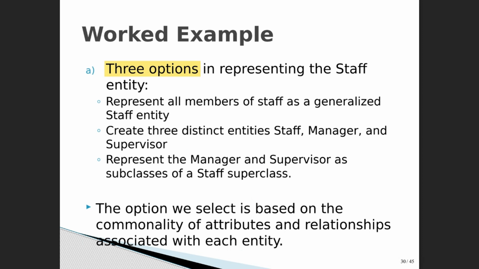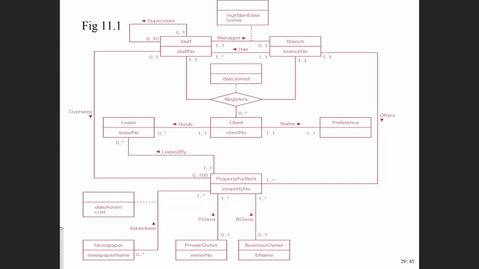Okay, in this example, let me just go back here. See, here we have staff. So we're going to focus on staff. So there are three options in order to add more semantic information to the staff entity.